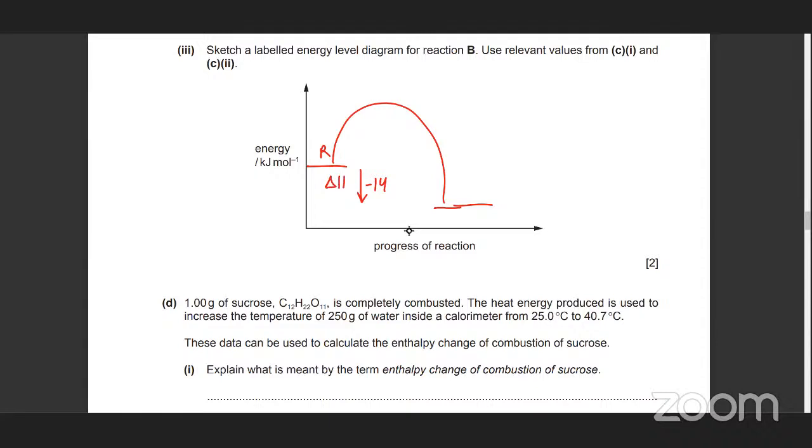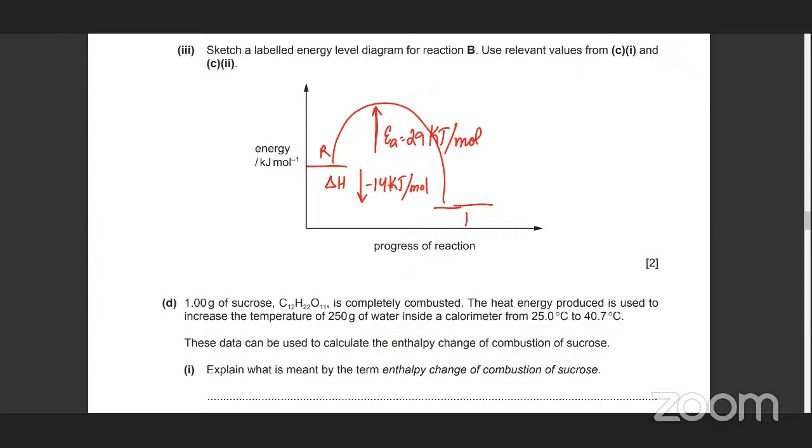That's delta H. इसको correctly label कर लेना हर चीज को kilojoules per mole. This is the activation energy that was given as 29, if I remember correctly. EA was given as 29 kilojoules per mole.